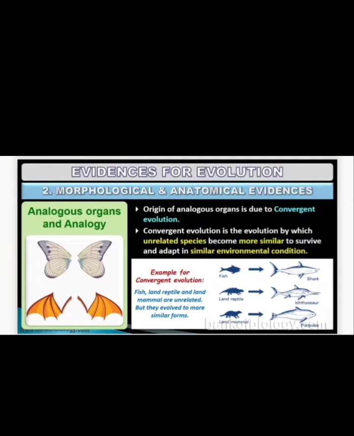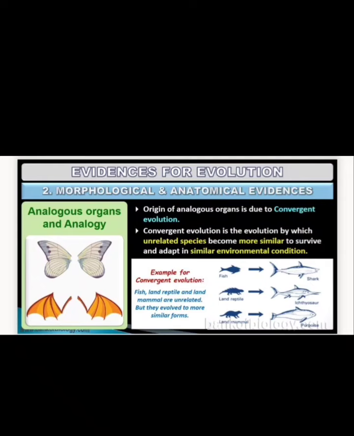That means convergent. Even though their structure and composition are different, their function is the same, so we call it convergent evolution. It is the evolution by which unrelated species become more similar to survive and adapt to similar environmental conditions.